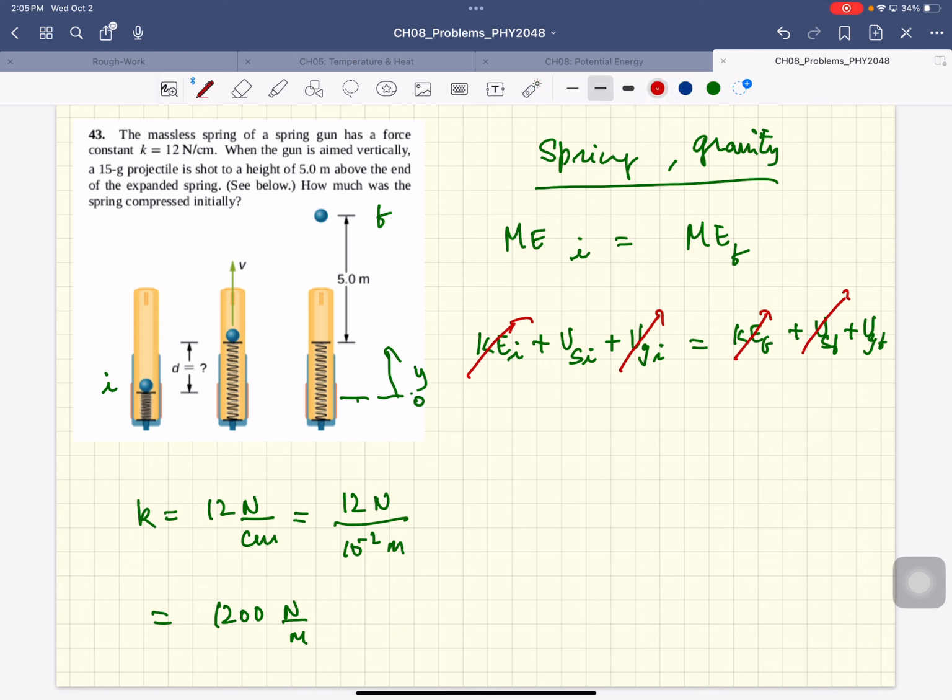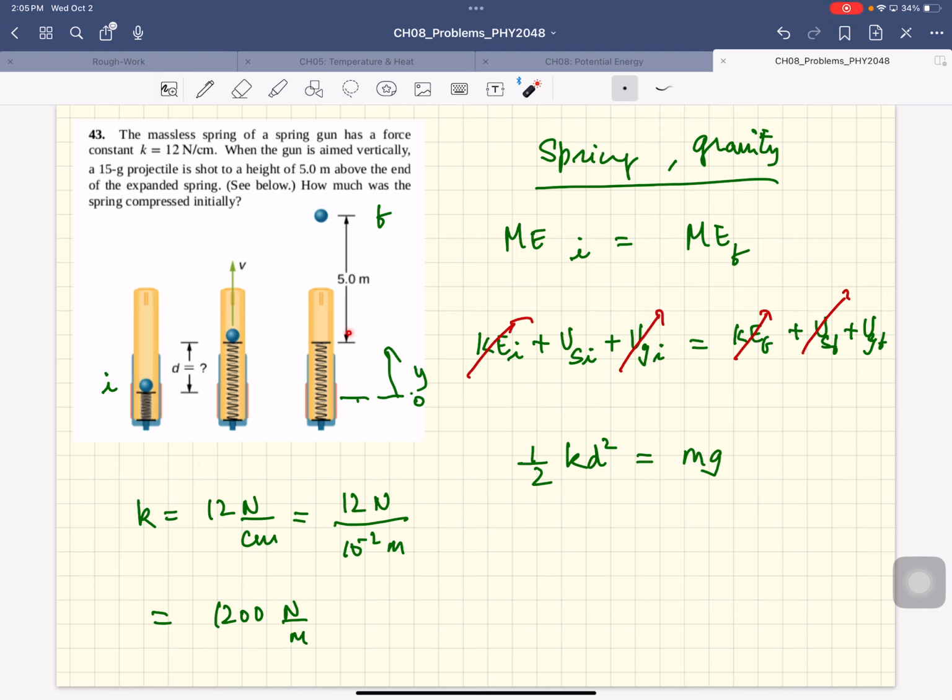All right. What was the initial spring potential energy? It's 1/2 k d squared. And that is equal to m g y. y is this distance. Okay.